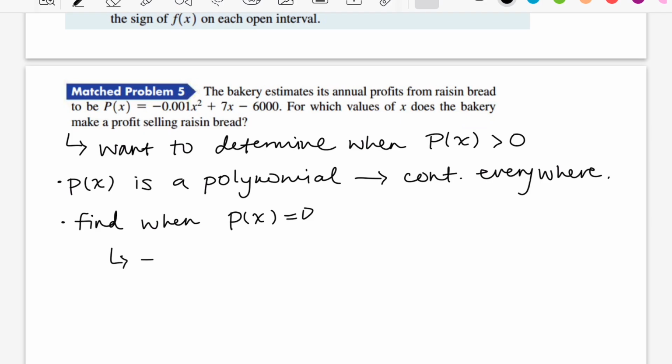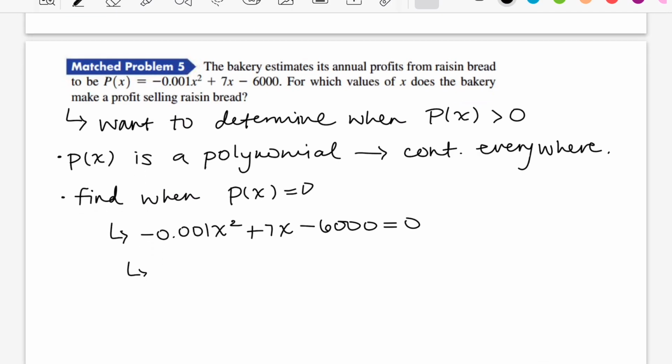So we have p of x, and we want to figure out when it's equal to 0. So we need two numbers that will multiply to be 6,000 and add to be 7. But it's not as complicated as we think because we have this out front. And remember, this value is the same thing as 1 over 1,000.